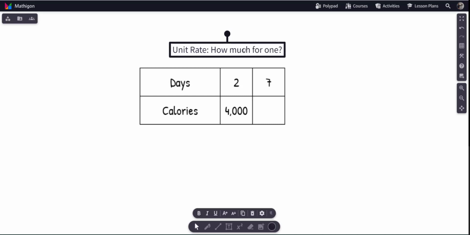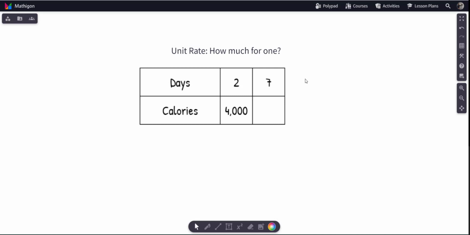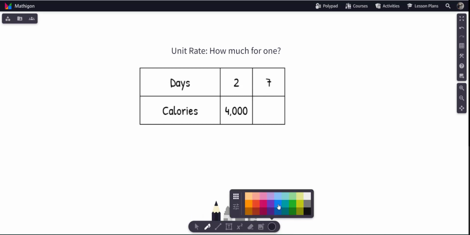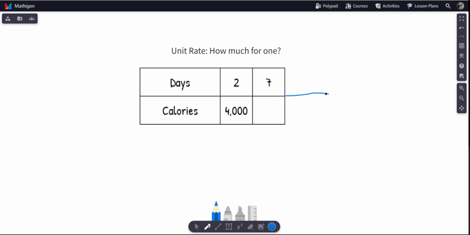So in this case, if 2 days is 4,000, then the unit rate would be 1 day. And so I believe it was Kashan said that if 2 days is 4,000, then 1 day would be 2,000. So the unit rate here is 2,000 calories per day.